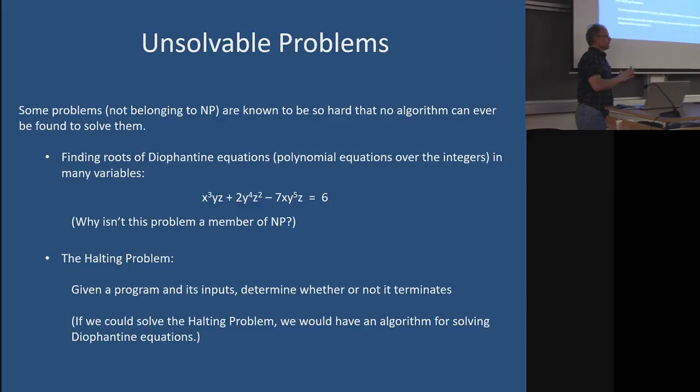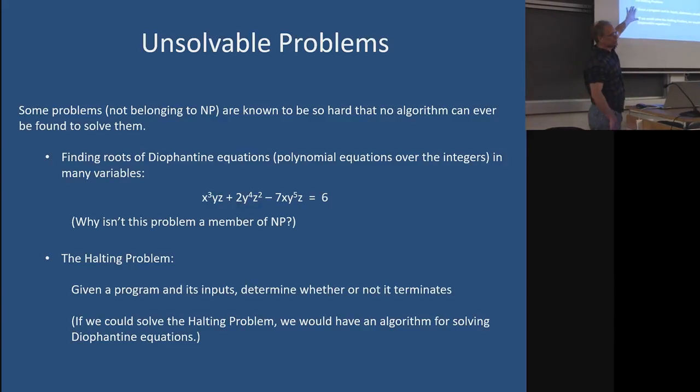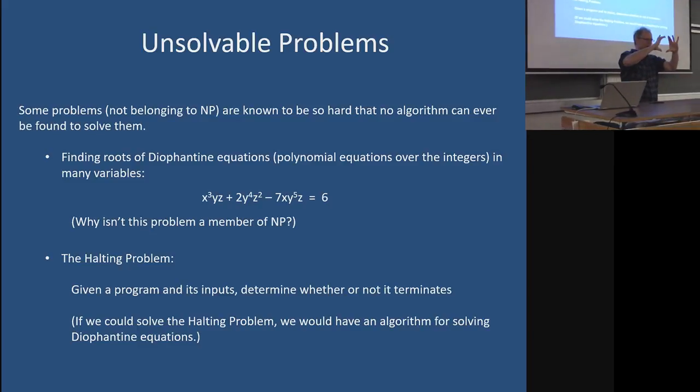Okay? So in addition, these are problems that just can't be done. There are also problems that are not members of NP, but which can be solved, but which have been proven to require exponential time or worse. So there are all kinds of classes of problems. NP complete, NP and P are sets of problems, but theorists have named lots of sets of problems that have different characteristics.